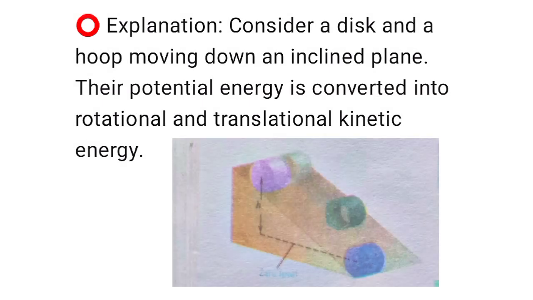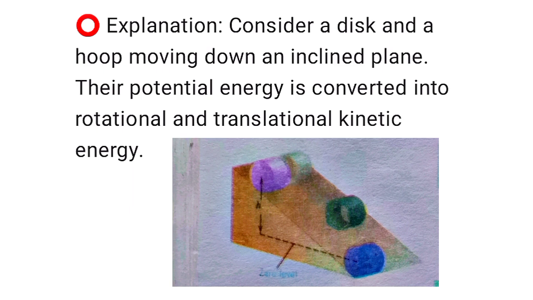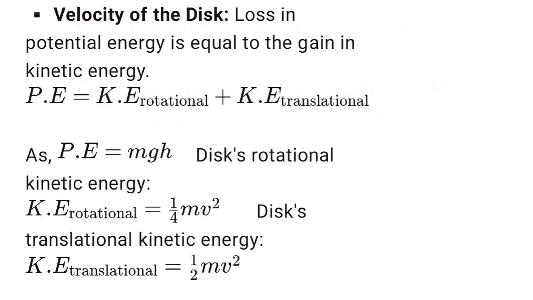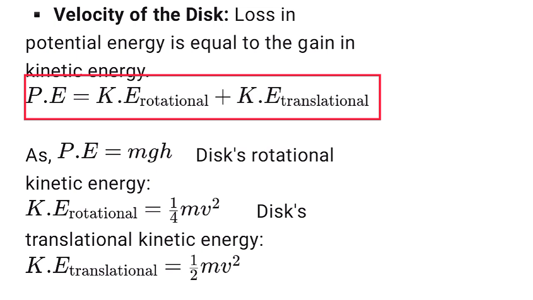Explanation. Consider a disk and a hoop moving down an inclined plane. Their potential energy is converted into both rotational and translational kinetic energy. Velocity of a disk. Loss in potential energy is equal to the gain in kinetic energy. Potential energy equals rotational kinetic energy plus translational kinetic energy.